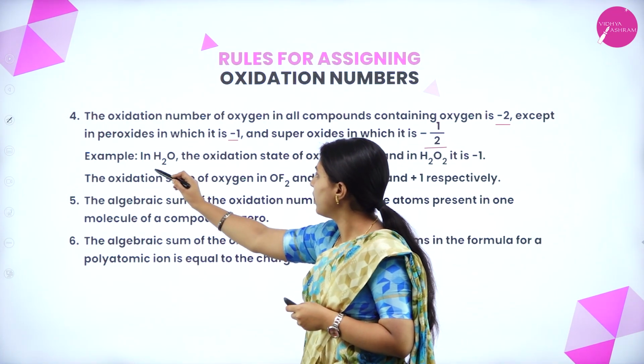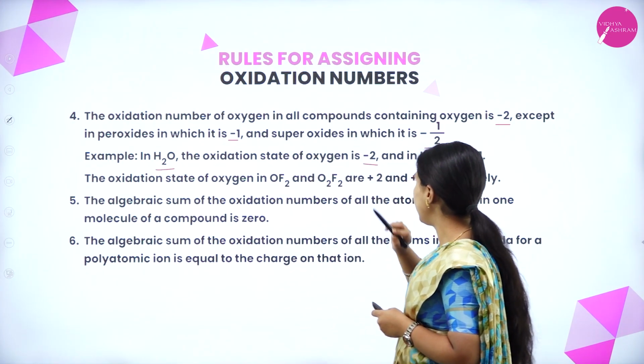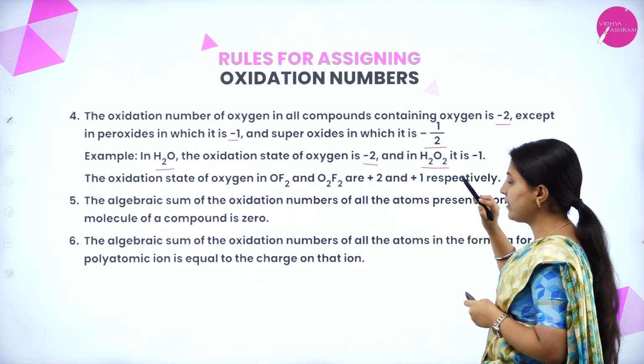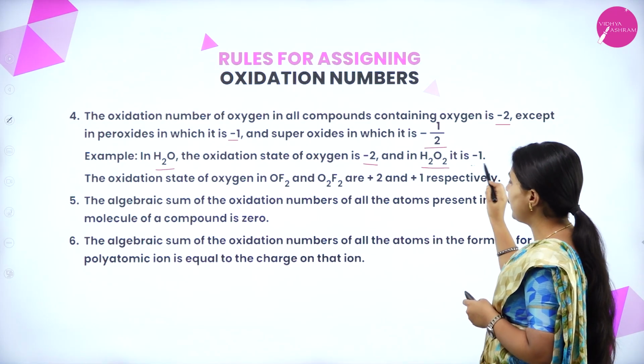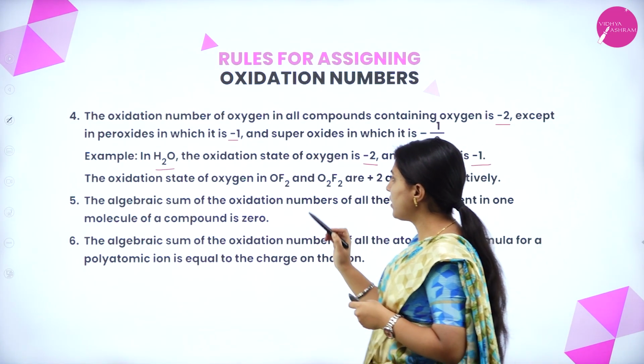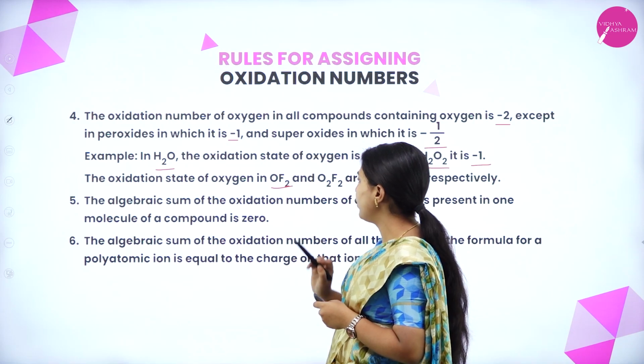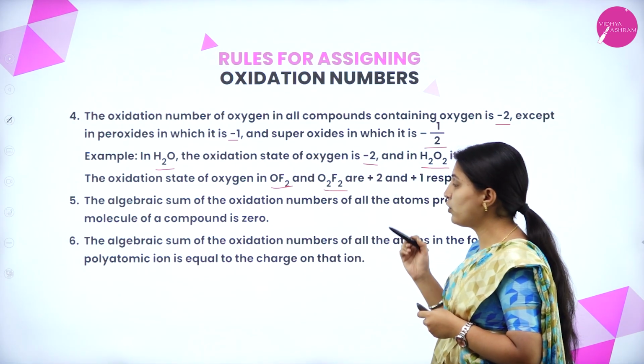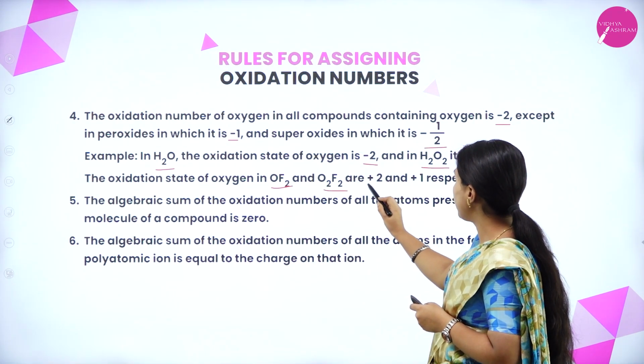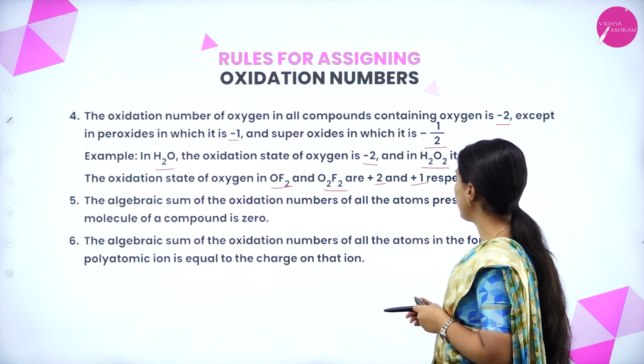Example, in water, the oxidation state of oxygen is -2, but in H2O2, which is a peroxide, it is -1. The oxidation state of oxygen in OF2 or O2F2 is +2 and +1 respectively.